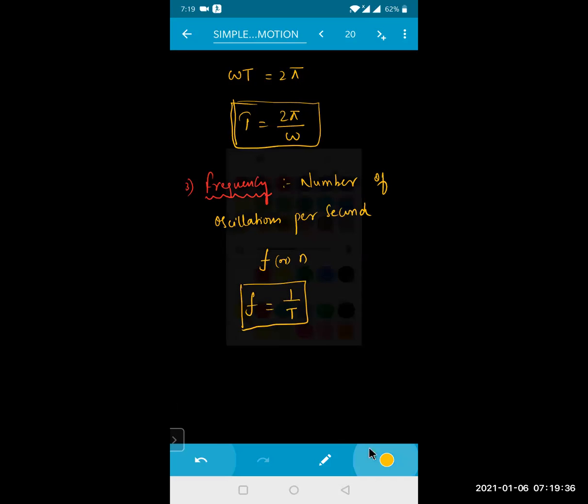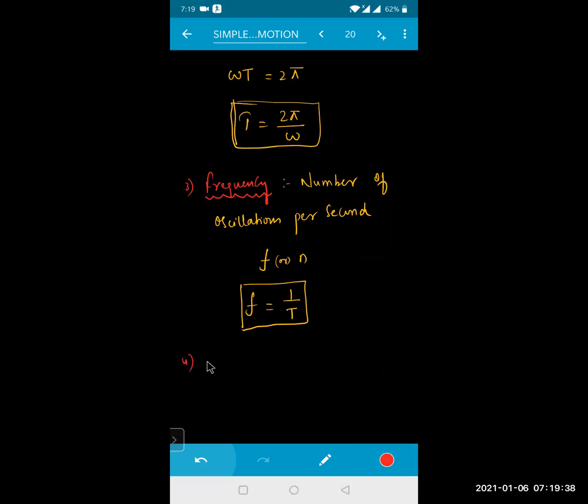Okay, and the last term which we'll be using regularly is angular frequency, represented by the term omega. Can you define angular frequency?